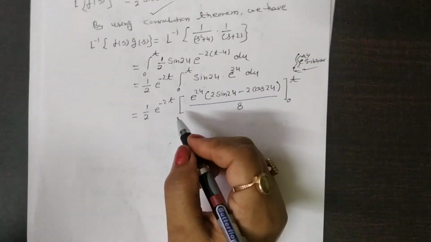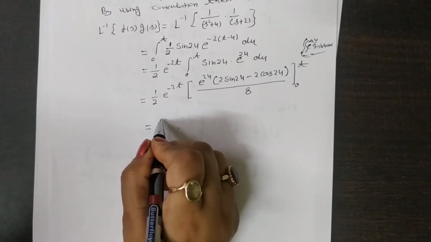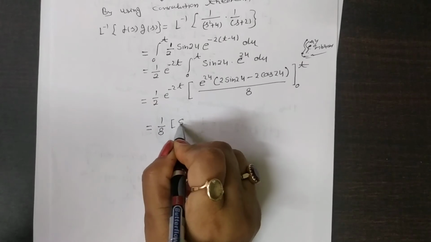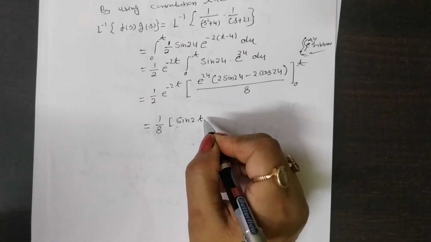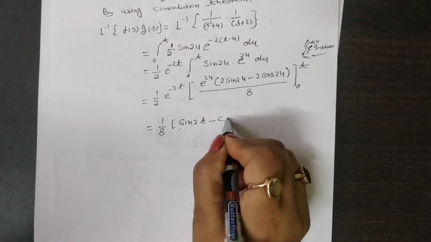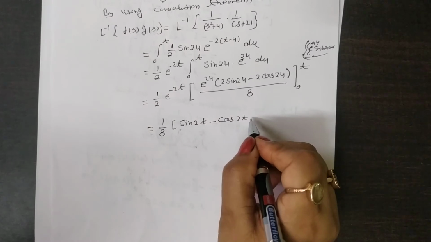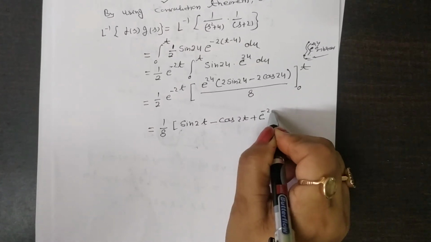So you operate this limit, and now you get the result is 1 by 8 (sine 2t minus cos 2t plus e to the power minus 2t).